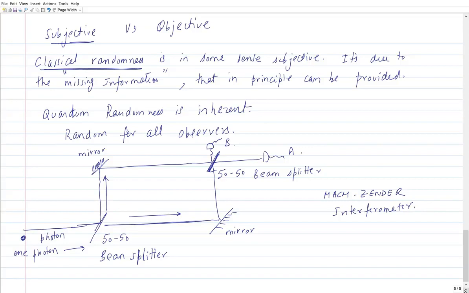So at any point of time, there's only a single photon in this particular experiment. So the idea is to calculate which of the detectors, with what probability, is going to click. In order to calculate the probabilities, let's see what are the paths the photon can take.